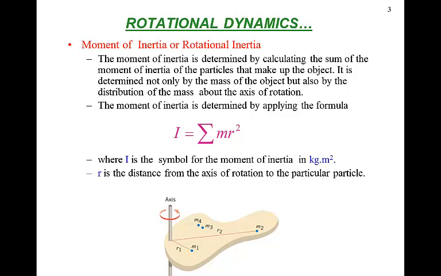The moment of inertia is directly related to the mass and where the mass is located with respect to the axis of rotation. The moment of inertia I equals the sum of the point-like masses times r squared, which is how far those point-like masses are from the axis of rotation. Clearly, from the equation, the closer the mass to the axis of rotation, the smaller the moment of inertia, and the easier the object is going to be rotated.